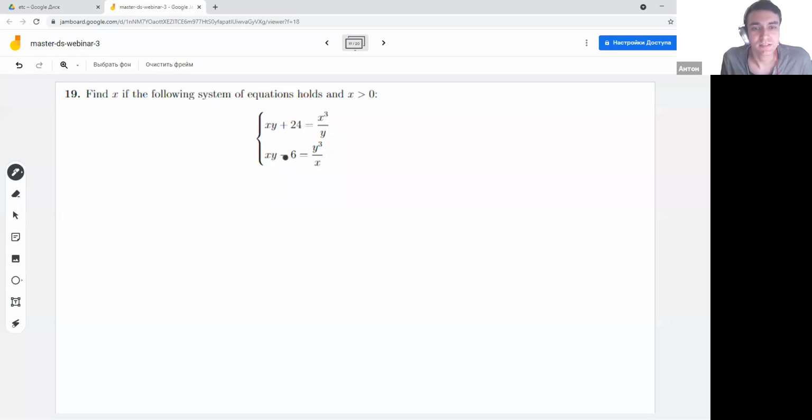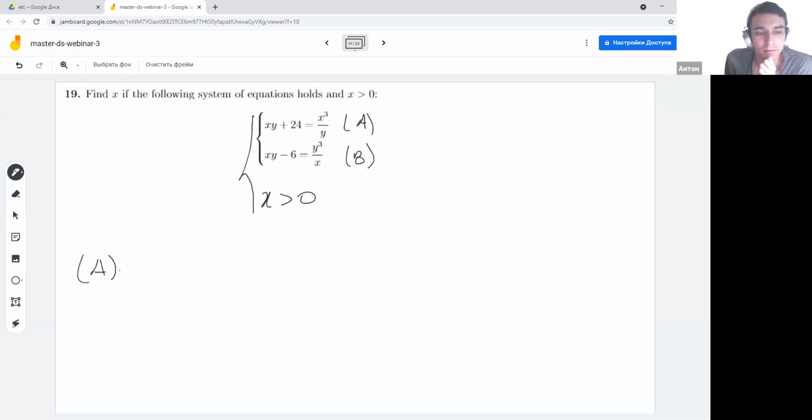Anyway, for this system of equations, to which you can actually add that x is greater than 0, a good thing to do is to see that if these two fractions are multiplied, then you obtain x squared times y squared, which is xy squared, which looks like just xy, x times y.